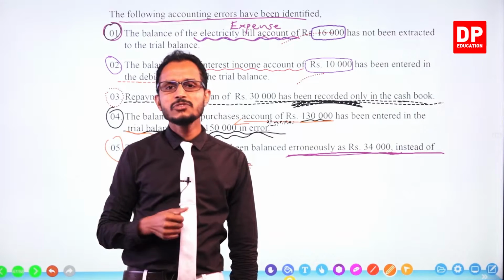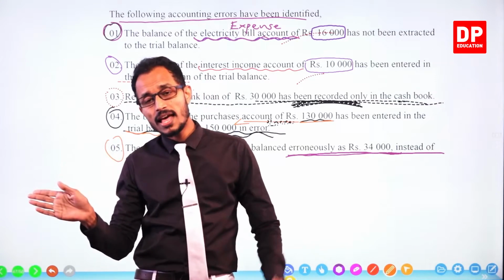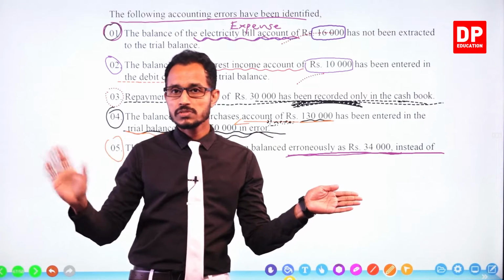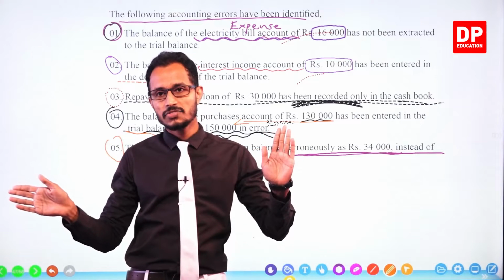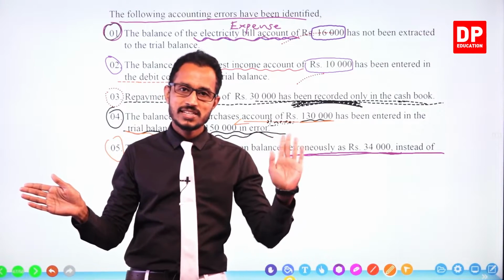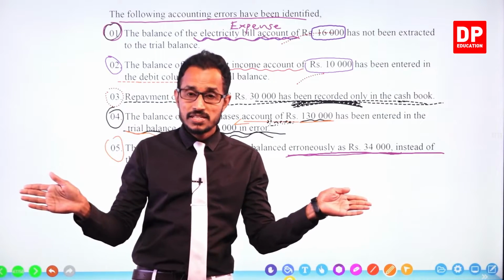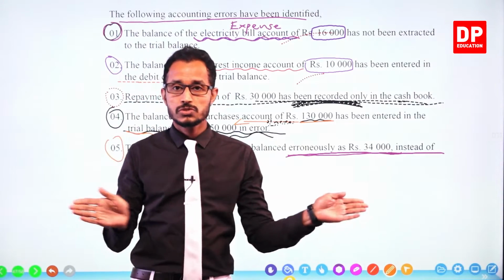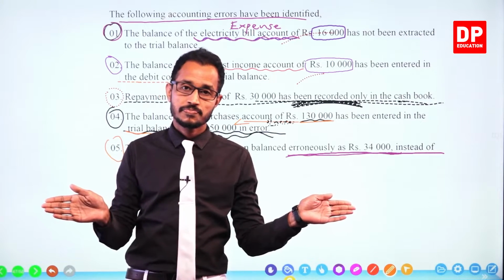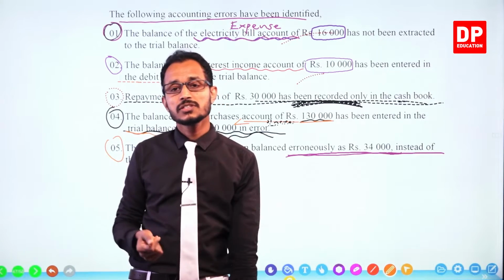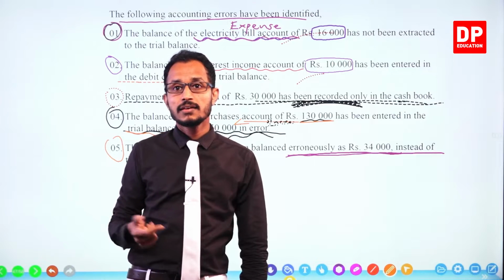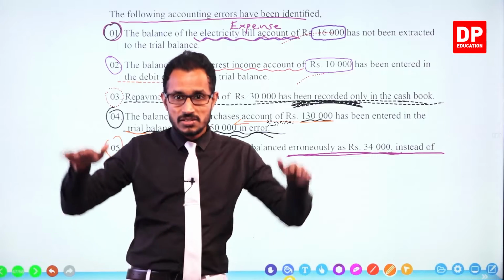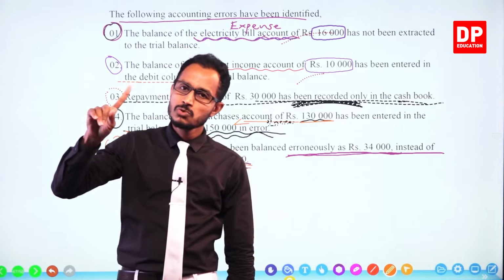It has been entered as 15,000 in electricity bill and in the cash book. So both sides, the debit side of the electricity bill is 15,000, credit side of the cash book also 15,000. That means the error is on both sides, so it doesn't affect the trial balance. If you entered 15 in the debit, 15 in the credit, how can it affect the trial balance? Trial balance will balance.